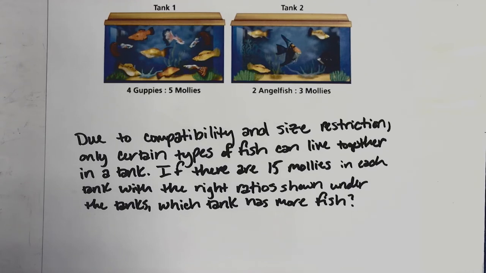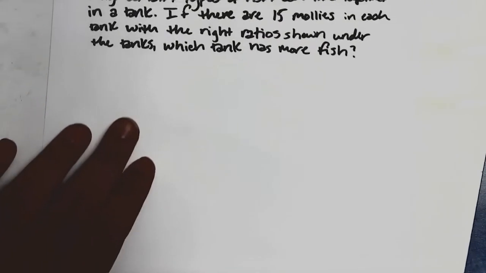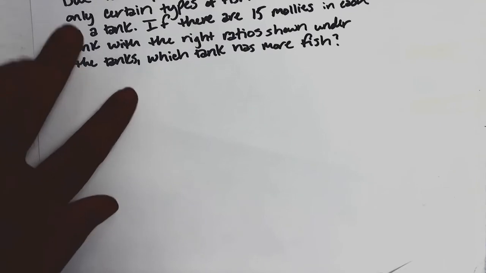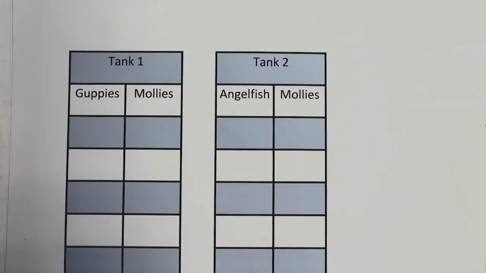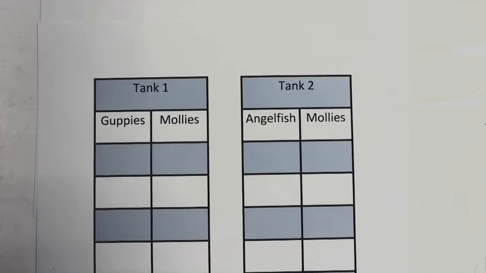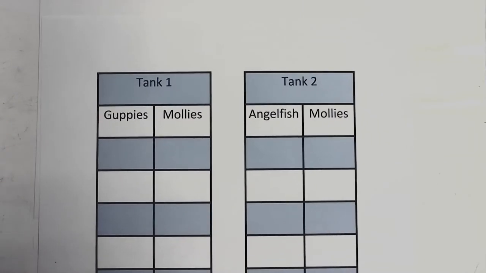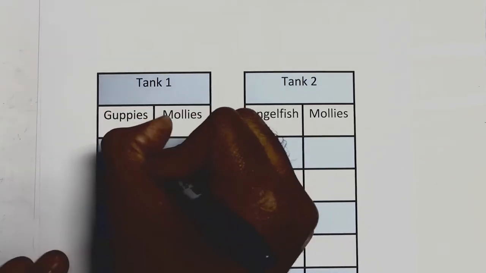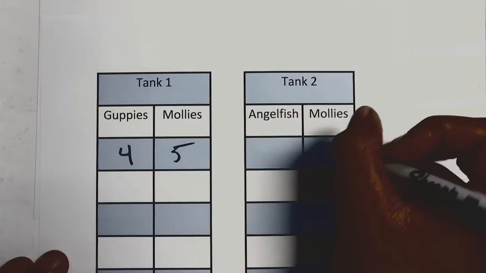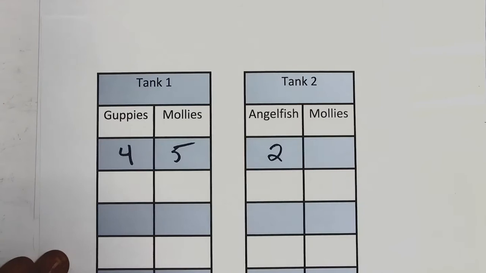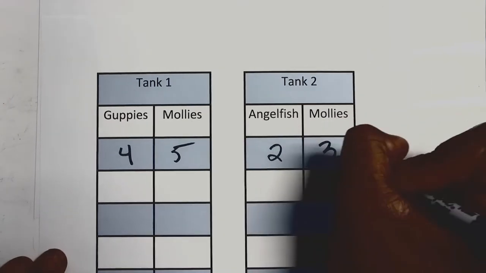So let's start off with making a ratio table based off our problem and what we know. I'm going to start filling in what I know about tank 1, which was 4 guppies, 5 mollies, and I know there were 2 angelfish to 3.